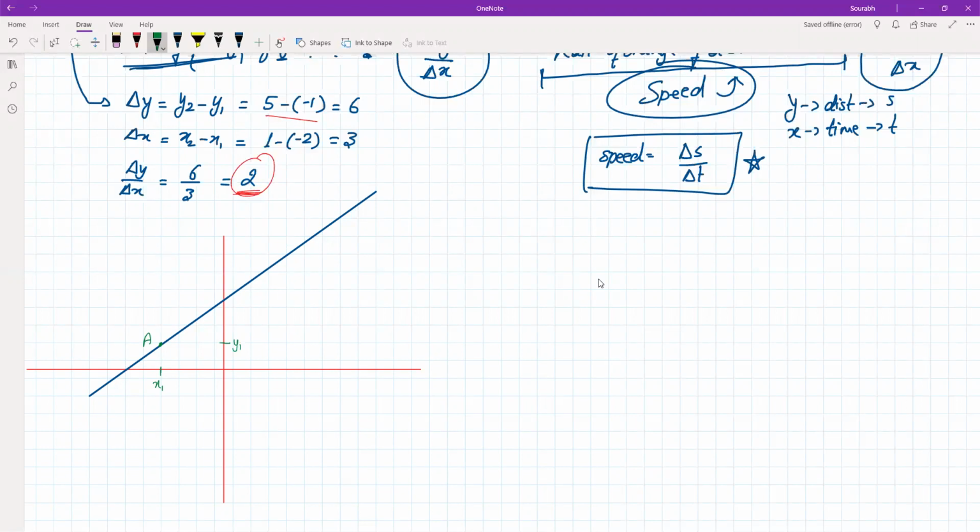Now take another point. So this point A is x1 comma y1. Take another point, say this one. So this will be our y2 and this will be our x2, right? Now what is x2 minus x1? X2 minus x1 is this length from here to here.